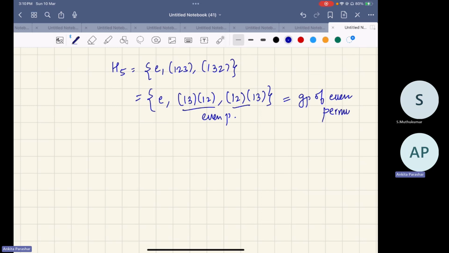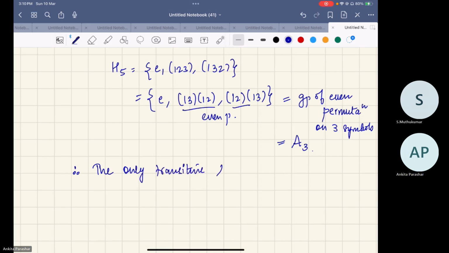Now, can you see which group this is? This is A3, right? Of even permutations. A3. Yeah. So therefore, the only transitive subgroups of S3 are A3 and S3.